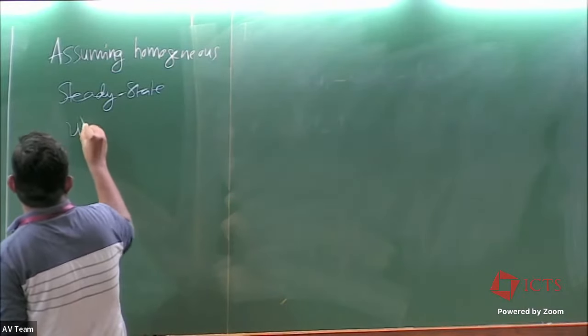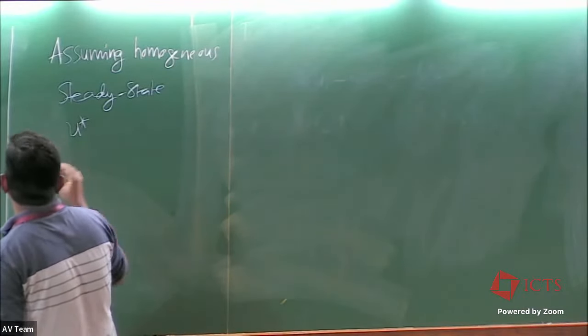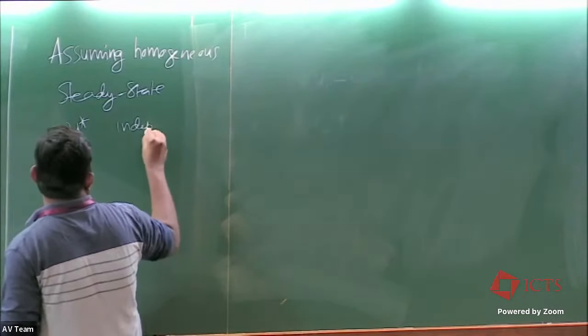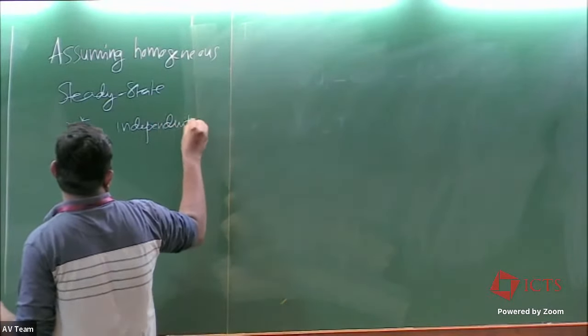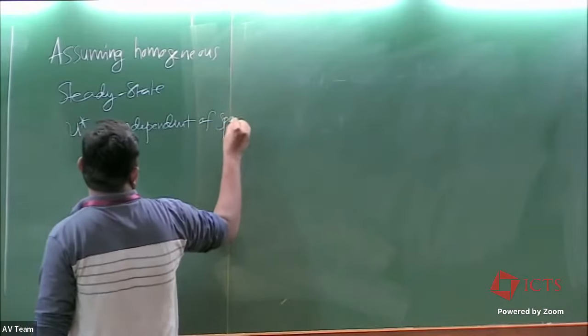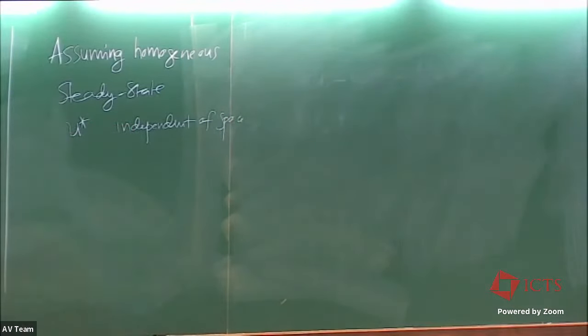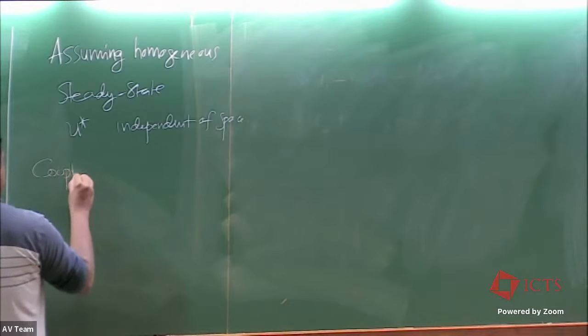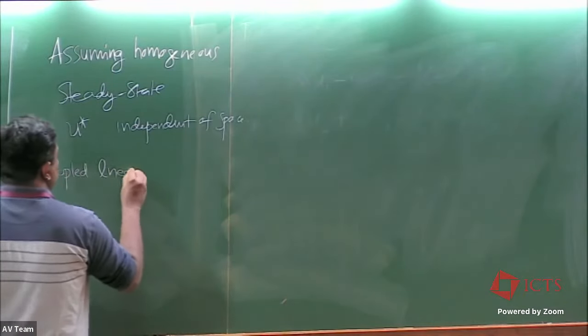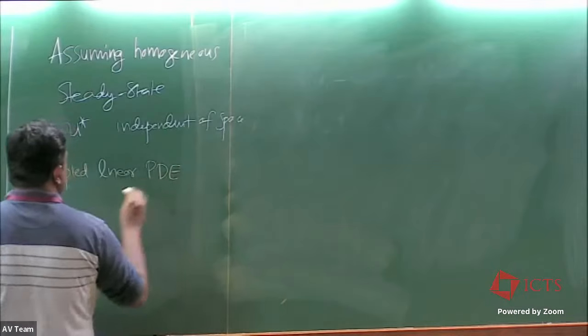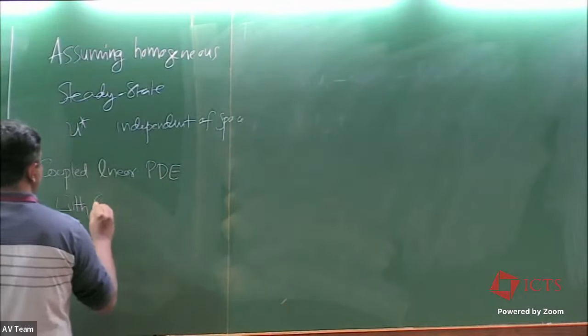So there is some U star, and that U star is a number. So it's independent of space. Like you assumed U star to be plus minus of Dhar. So what you get is a system of equations which are coupled linear PDEs with constant coefficients.